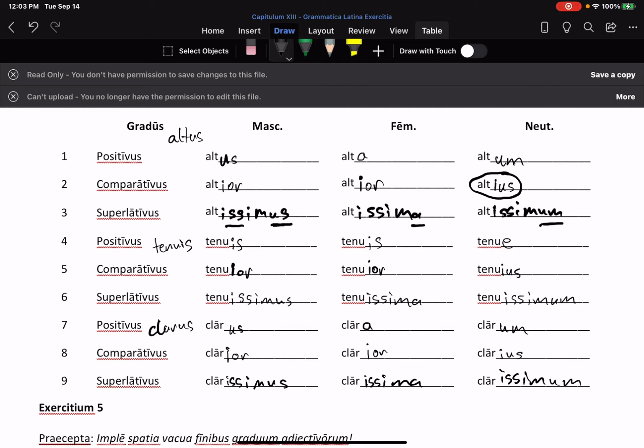Great, I hope that's clear. Now we'll use some in sentences, but if you have any questions about these, feel free to ask me, circle them, and we can come back to them in class. There are some irregular forms from time to time, like large is actually magnus. We'll just take the masculine. And then the comparative is maior.